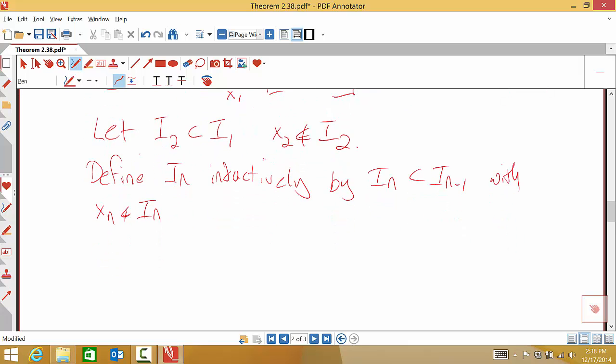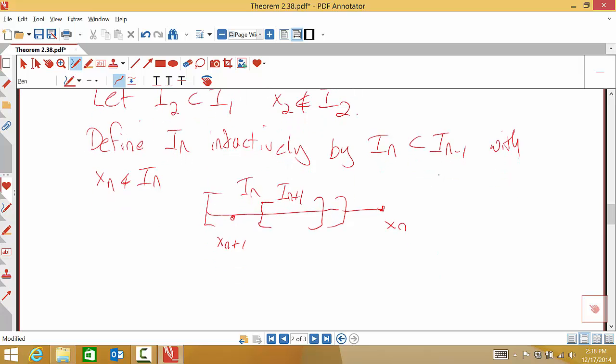So sort of in pictures here, I have my I sub n right here. Let's say x sub n is outside of it. That's all we needed. If, say, x sub n plus 1 is here, I'm just going to choose my I sub n plus 1 to be something that doesn't contain that. Okay, and I can keep doing this forever, and they're nested. So then I sub n is a nested set.